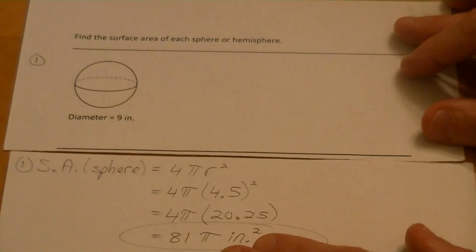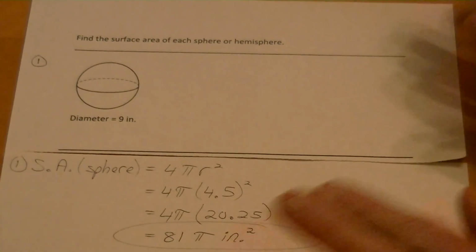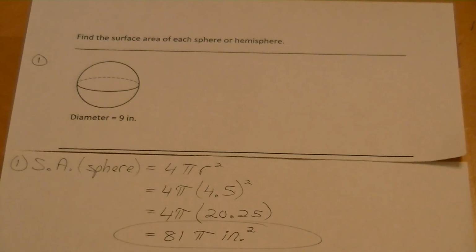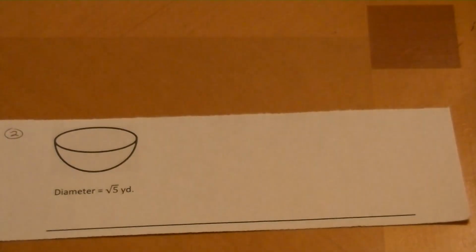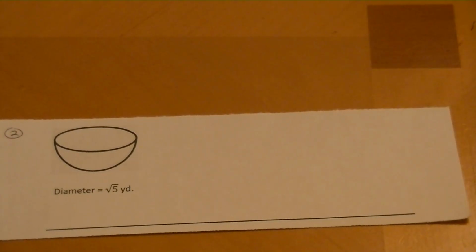And since the formula is 4 pi r squared and a radius is 4.5, half the diameter, 4.5 squared is 20.25, and 20.25 times 4 is 81. Exact answer, 81 pi inches squared. Piece of cake. Number 2, how about a hemisphere with the diameter of √5 yards.